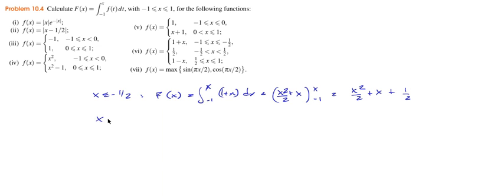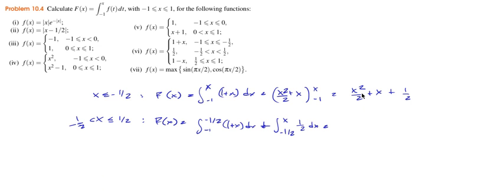Now if x is between -1/2 and 1/2, we have that f is going to be this integral evaluated at -1/2, yes. So this integral, and then we have plus the integral between -1/2 and x of this 1/2 dx.